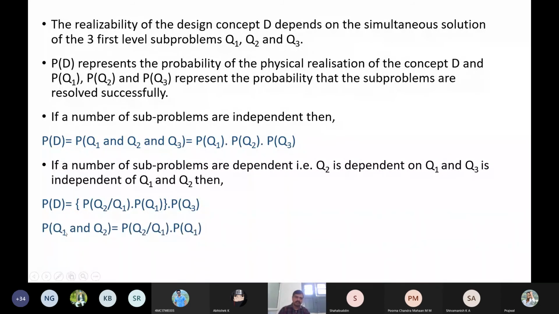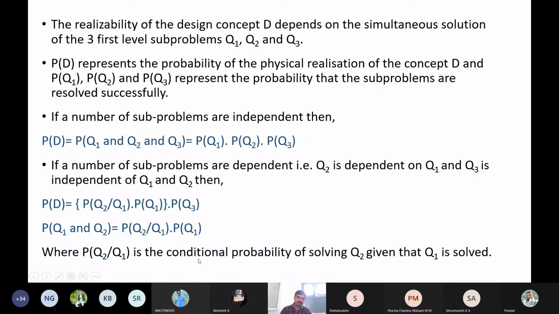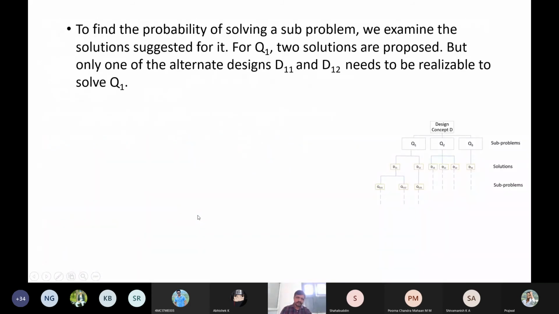So where Q1 and Q2, since they are dependent, this is the equation for PQ1 and Q2, so that you have substituted here. Where PQ2 by Q1 is the conditional probability of solving Q2 given that Q1 is solved.